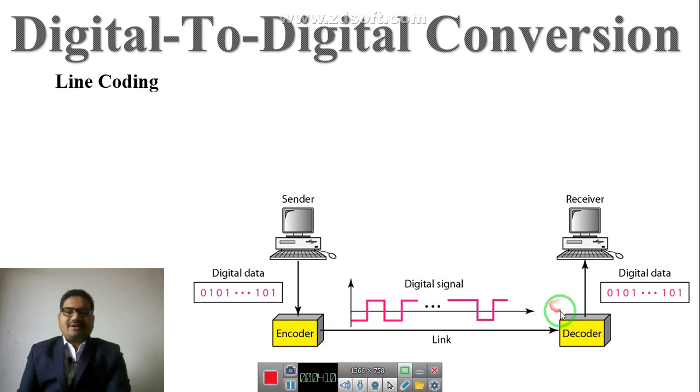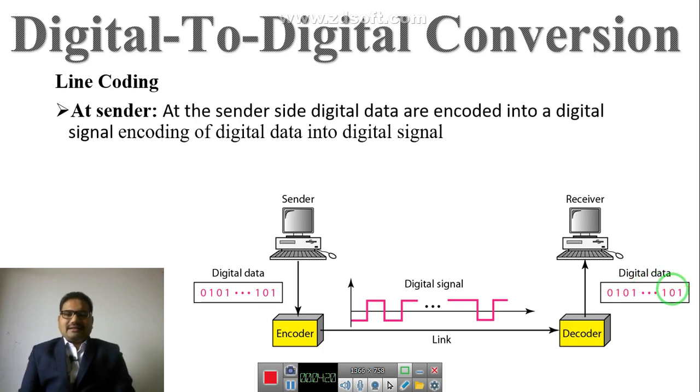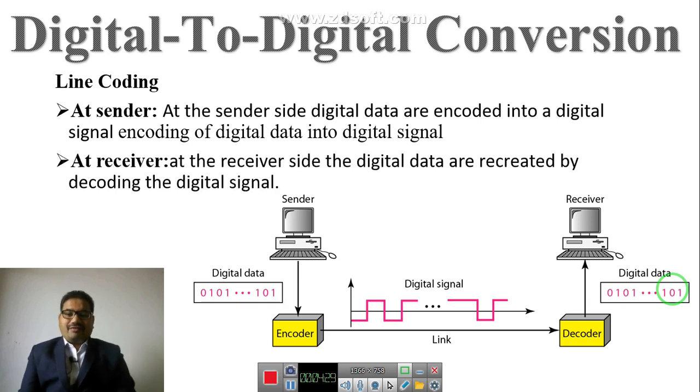And at the receiver, the decoder converts this digital signal back to digital data. So at the sender side, digital data are encoded into a digital signal, whereas at the receiver, the digital data are recreated by decoding the digital signal.